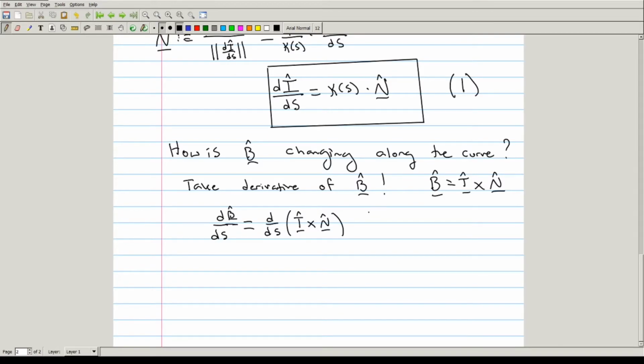And we showed last lecture the property of the derivative of the cross product. It follows the normal product rule. So this is going to be dt hat/ds cross n hat plus t hat cross dn hat/ds. This is just the product rule applied to the cross product.